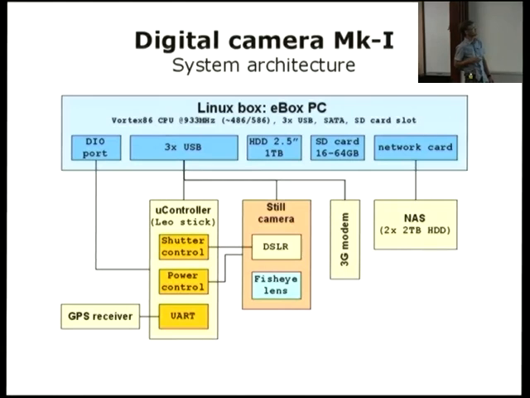The Mark I camera was based on an eBox PC running Debian Linux, and we used this Vortex86 CPU for the first type. I've heard that it was used also in some other talk.